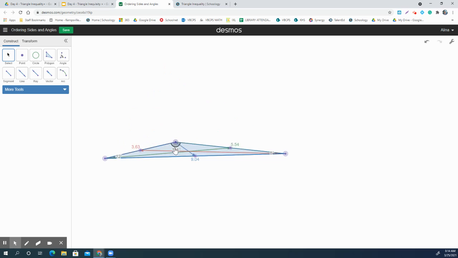And I come down here and I make it totally flat. 3 plus 6 equals 9. That's going to be a flat triangle. So if they equal, like in the first one, it's going to be a straight line. There's not going to be any elevation in our triangle, right?